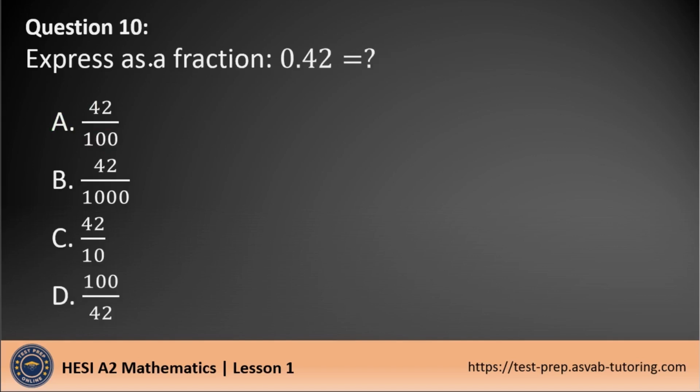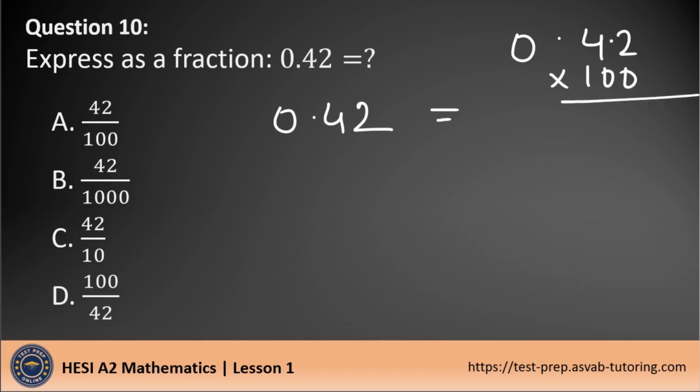Let's go to question number 10. Here, express 0.42 as a fraction. So first write down 0.42. So first we will match with the number, like if we multiply 0.42 by 100, it becomes 42.